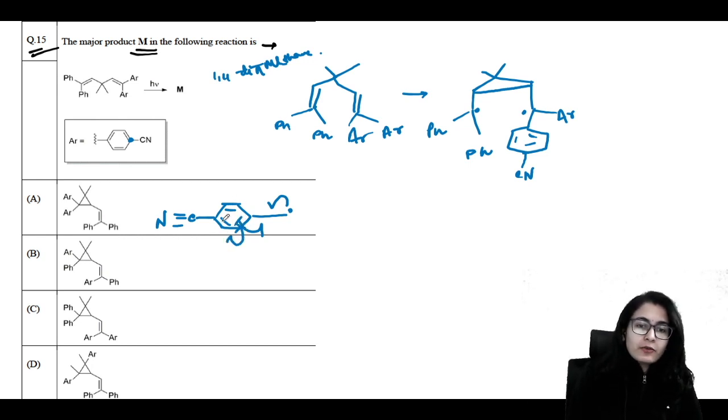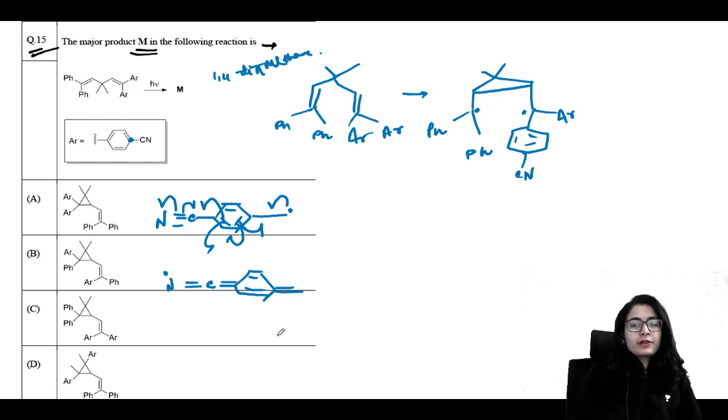So it is going to cause this kind of an extended conjugation. All right, this is going to cause an extended conjugation. Radicals will always have single-headed arrow, so it is going to look like this. All right, this is what you have. So greater conjugation stability in this part, that's why it is going to be the more stable radical, this one. So always remember, the more stable radical will form the three-membered ring.